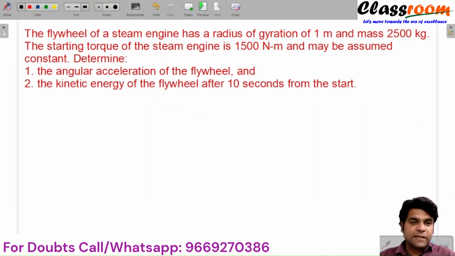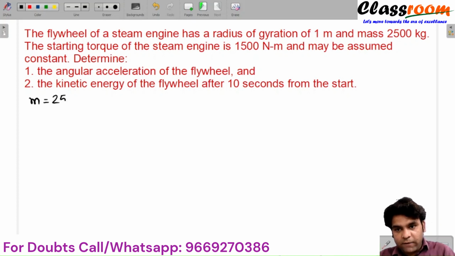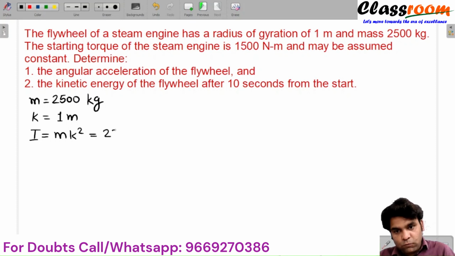Now consider the next problem on the flywheel. A flywheel of a steam engine has a radius of gyration of 1 meter and a mass of 2500 kg. So you can easily determine the mass moment of inertia of the flywheel, which is m k square, 2500 kg meter square.